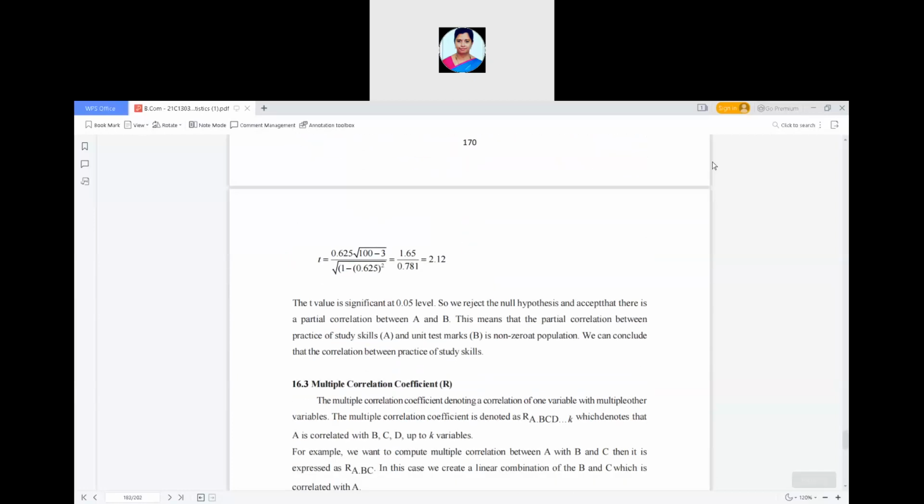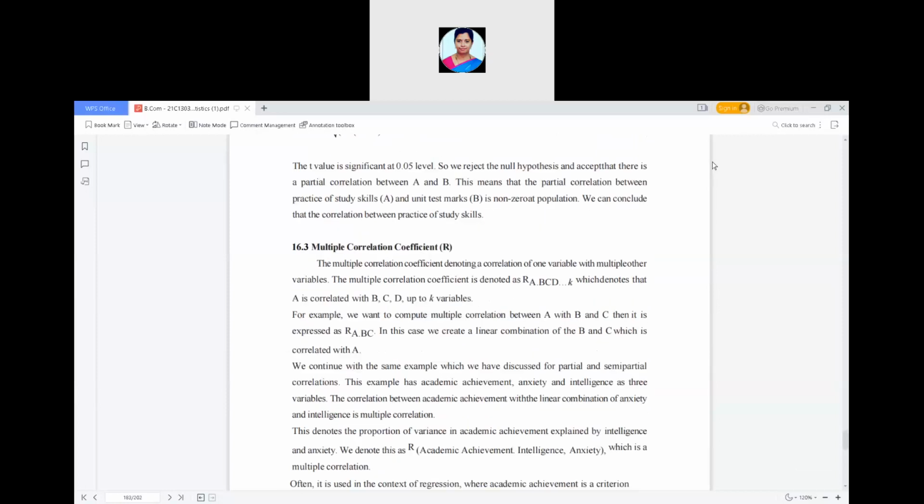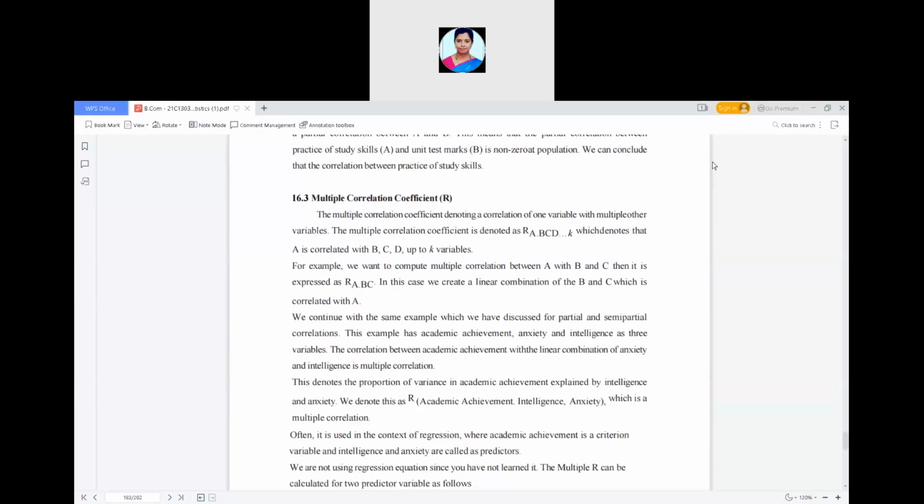Then we have multiple correlation. The multiple correlation coefficient denotes the correlation of one variable with multiple other variables, and is denoted by R. Here we have more than two variables: R A dot B C D up to K denotes that A is correlated with B, C, D up to K variables.